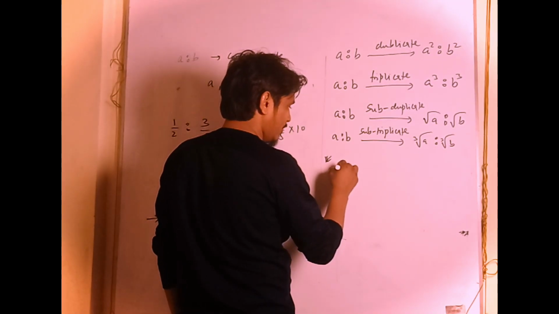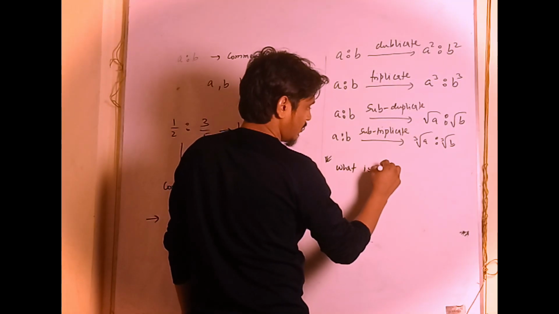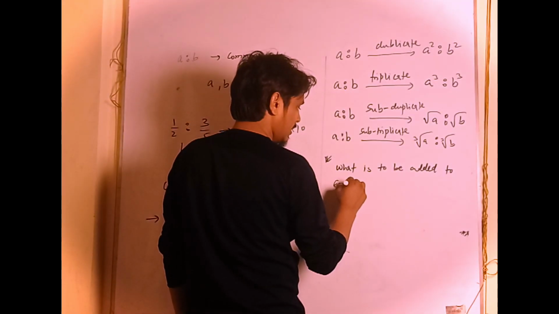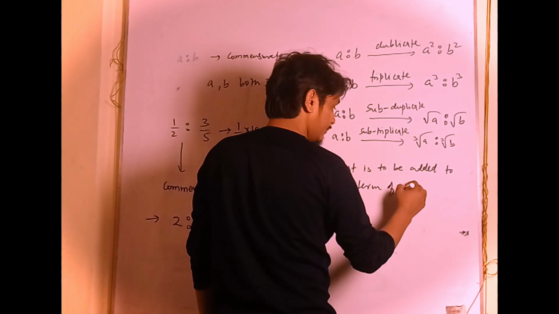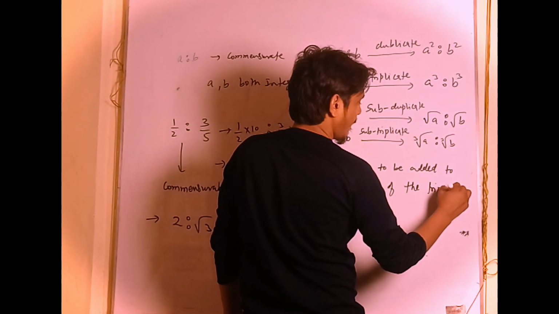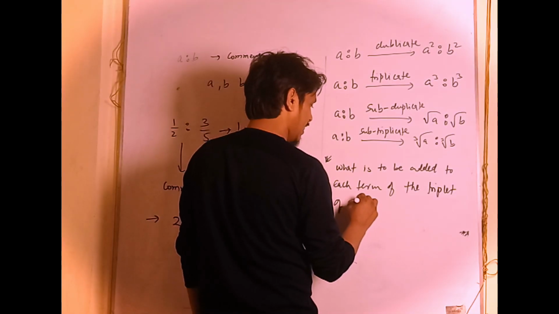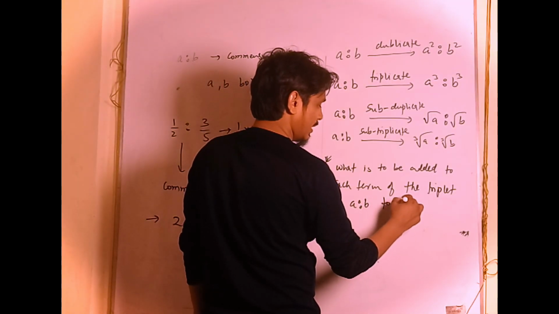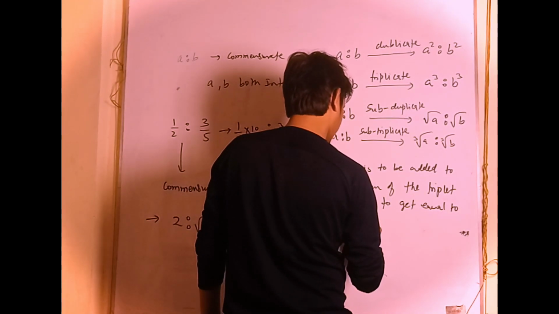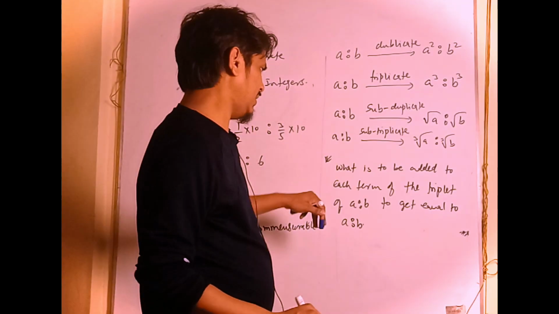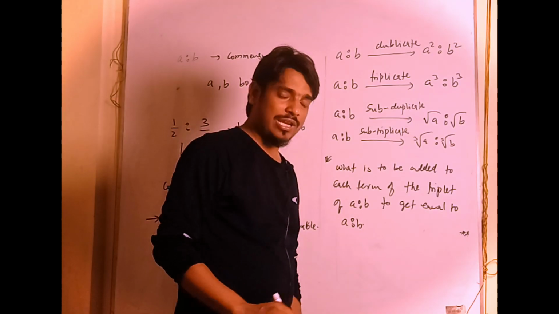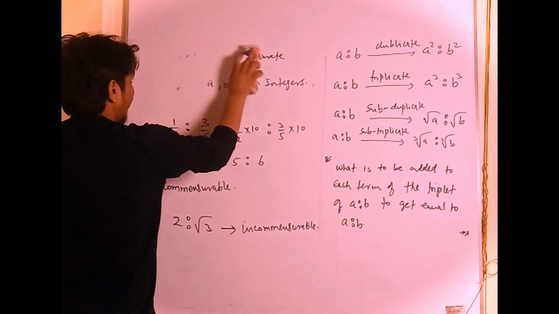What is to be added to each term of the triplicate of A ratio B to get equal to A ratio B. So we have given what things need to be added in the triplicate of this so as to get the value equal to A ratio B. So triplicate means what?